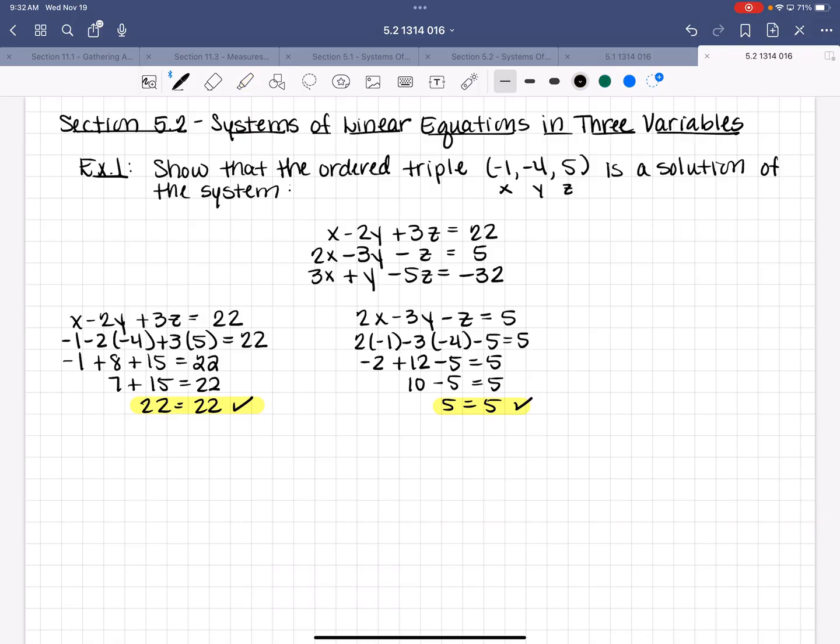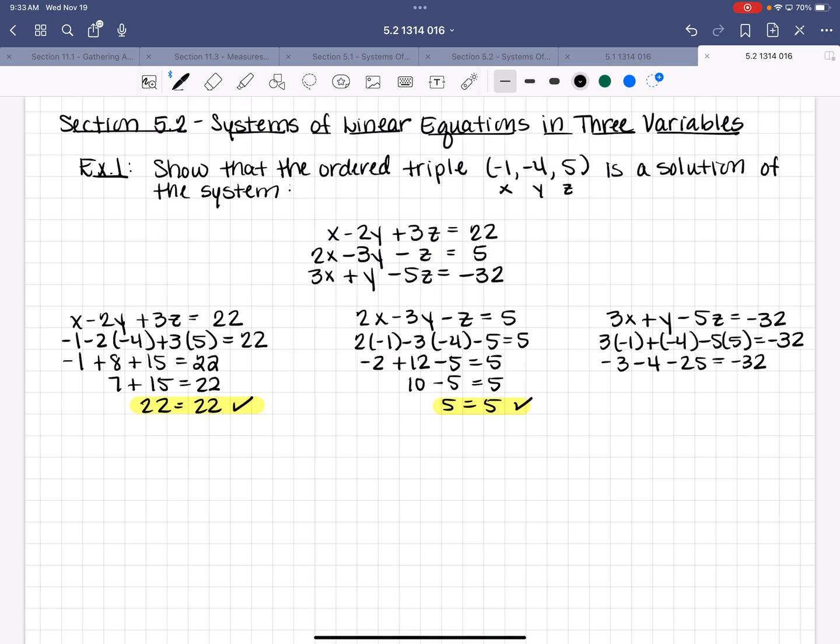Okay, then for my last one, I have 3X plus Y minus 5Z equals -32. Let's plug in our -1, -4, and 5. That's 3 times -1 plus -4 minus 5 times 5 equals -32. That's going to give me -3 minus 4 minus 25 equals -32.